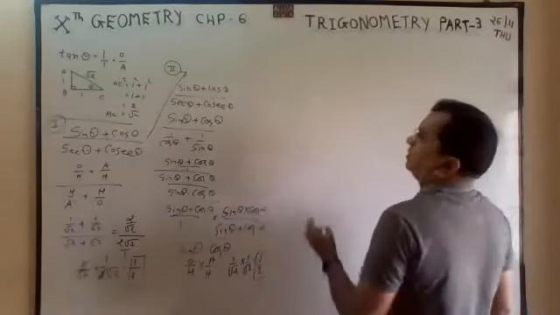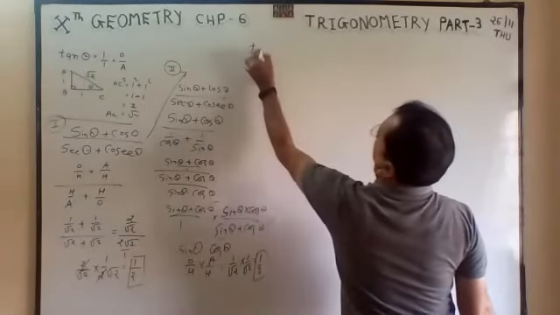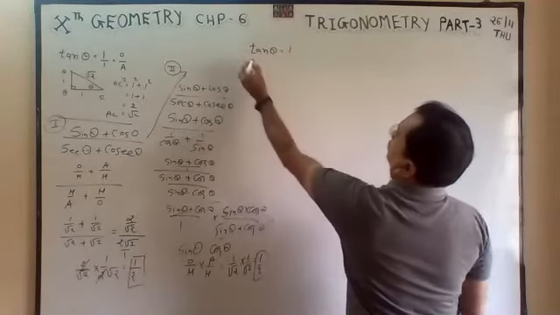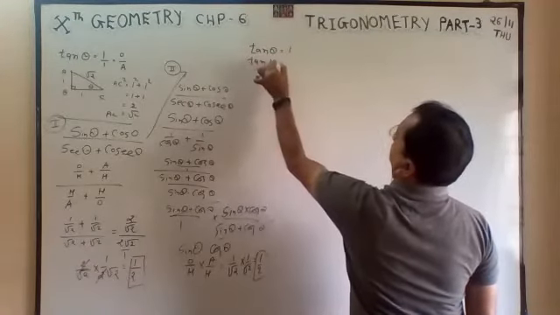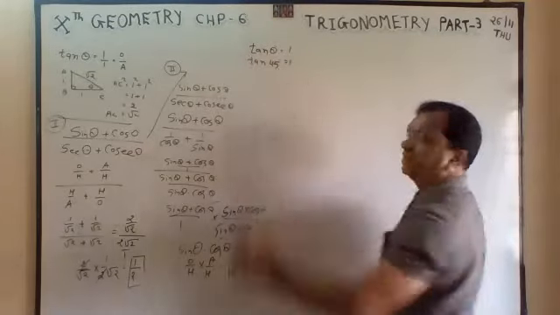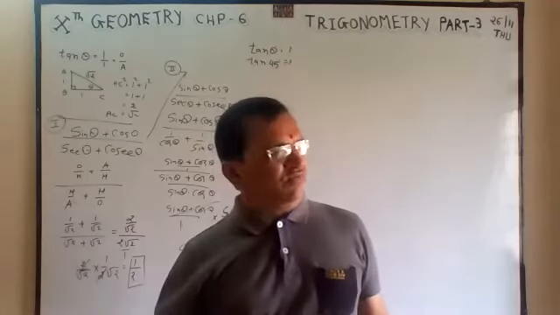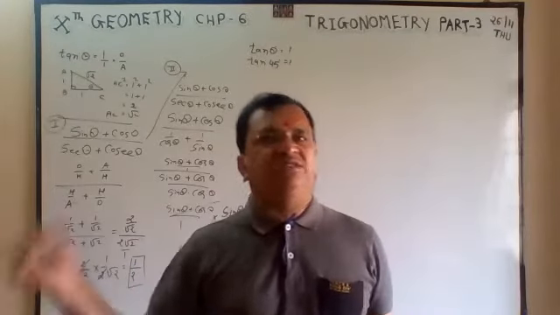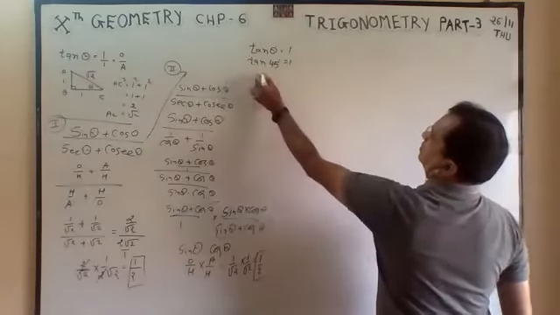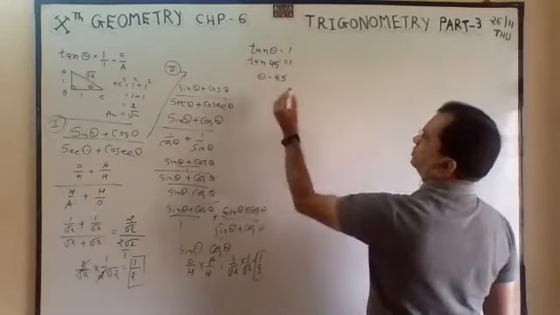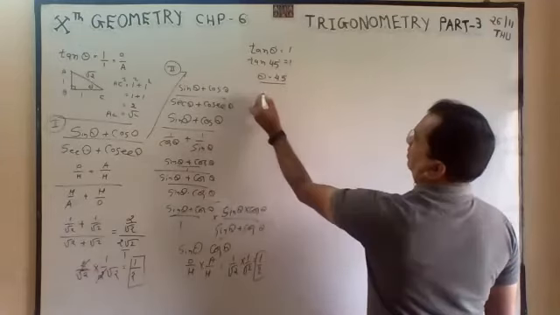Now I'll start with the first condition. Tan theta is 1. Which tan theta is 1? Given that tan theta is 1, by the tabular form you will find tan 45 is 1. So theta is equal to 45 degrees. And now substitute every theta as 45.